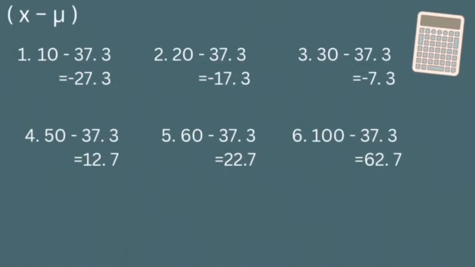Our mu, or the mean, earlier was 37.3. We will just subtract the mean from our x, which is the daily expenses of the GAS Biology students.